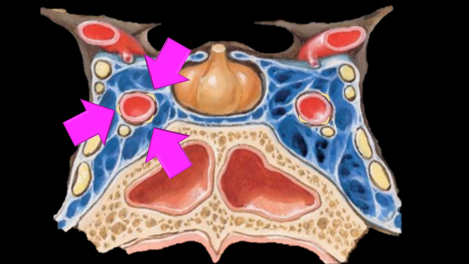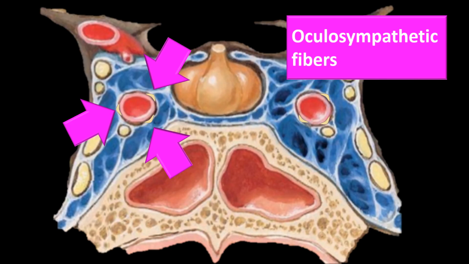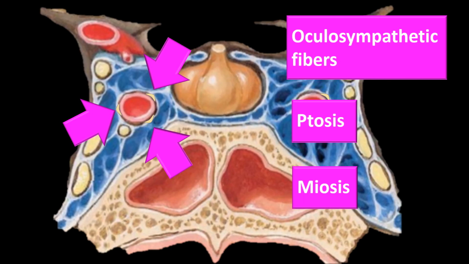These fibers are the postganglionic fibers arising from the superior cervical ganglion. These fibers constitute the third neuron of the oculosympathetic pathway, and when stretched as a consequence of carotid artery dilatation, they produce ptosis and miosis.